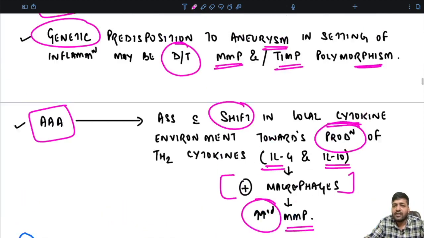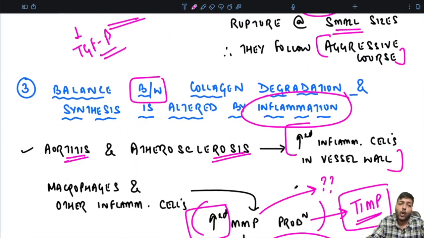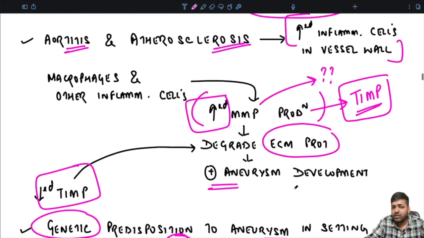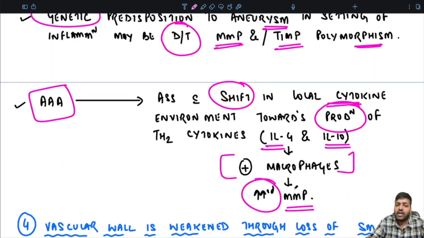So this is how inflammation is playing an important role in the causation of aneurysms. So excessive MMP and reduced TIMP is very important. In certain cases, there is a shift towards production of T helper 2 cytokines, interleukin 4 and 10, which stimulate the macrophages to release the MMPs, as in abdominal aortic aneurysm.